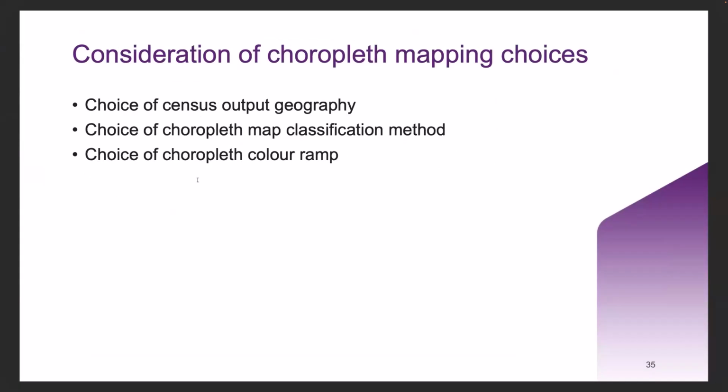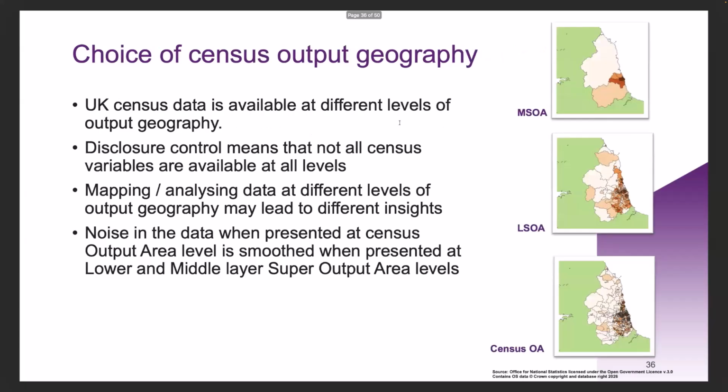I'm just going to consider some of the choropleth mapping choices. So we have the choice of the census output geography. In our case, we've already made that choice by picking the electoral wards. Then the choice of choropleth map classification method, and the choice of the choropleth colour map ramp.